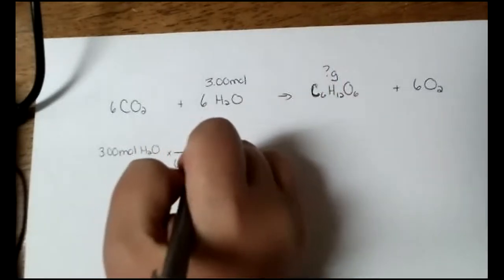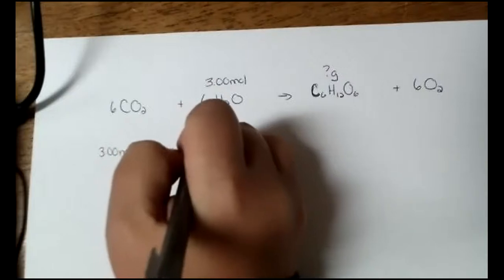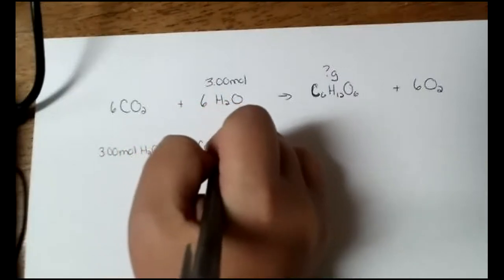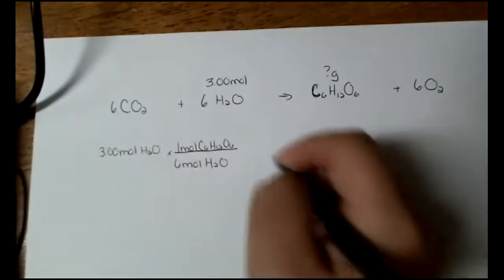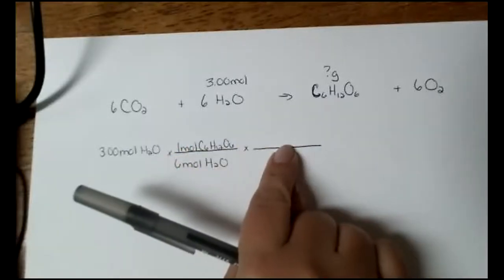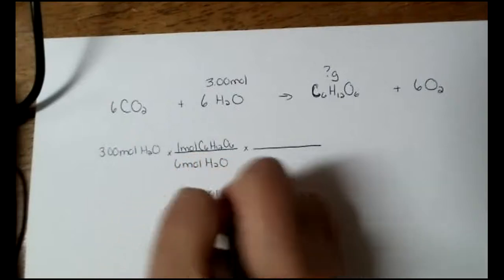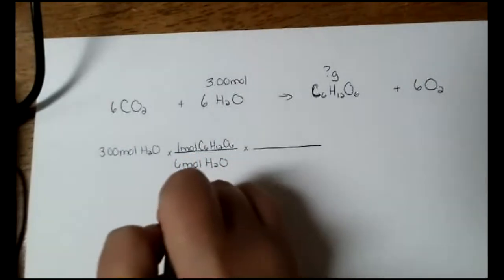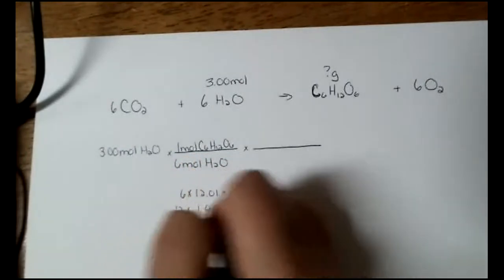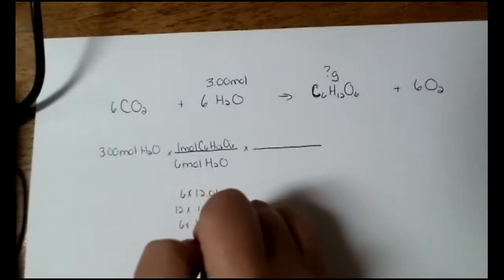So 6 mole of water on bottom, 1 mole of C6H12O6 on top. And then I need to convert these moles to grams. So to do that, I need to find my molar mass. So I have 6 times 12.01, 12 times 1.01, and 6 times 16.